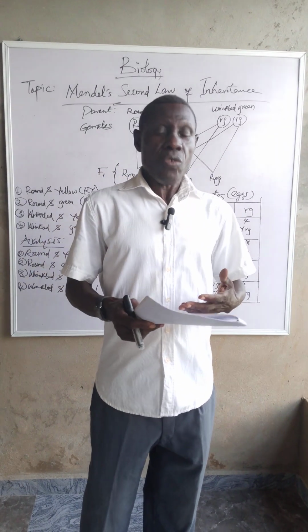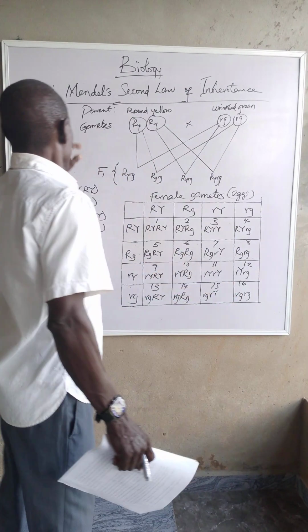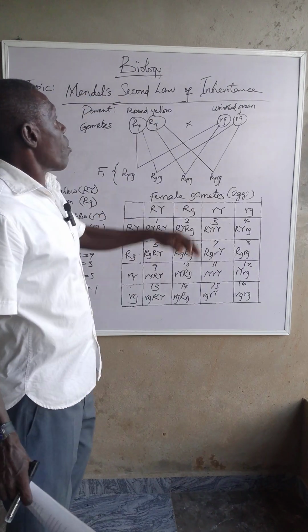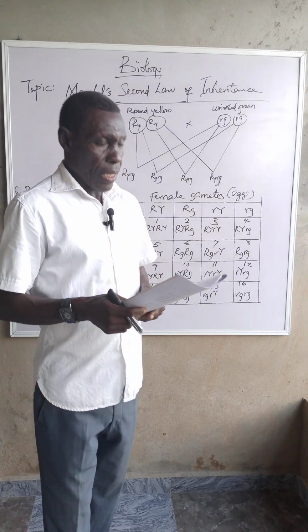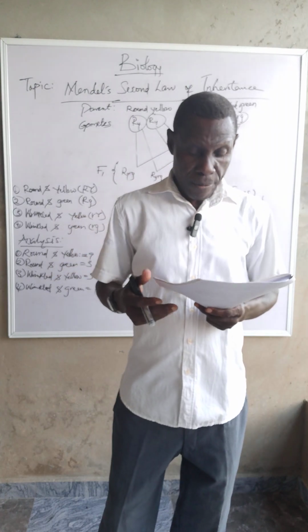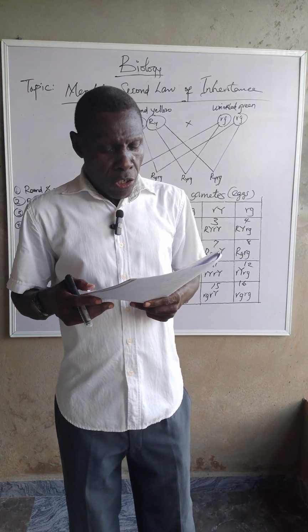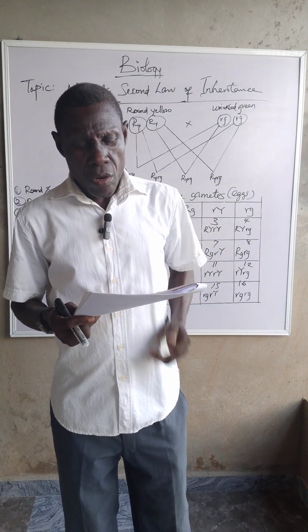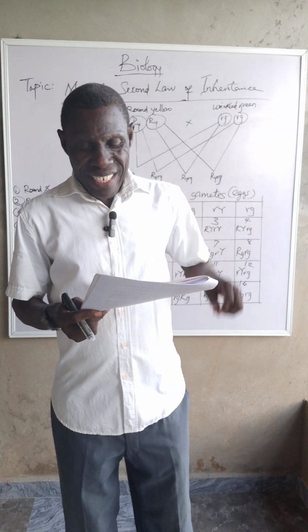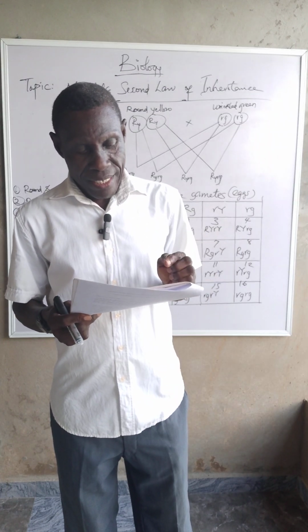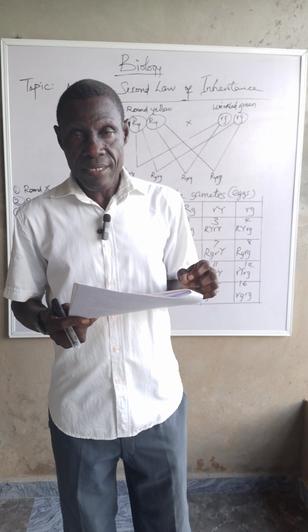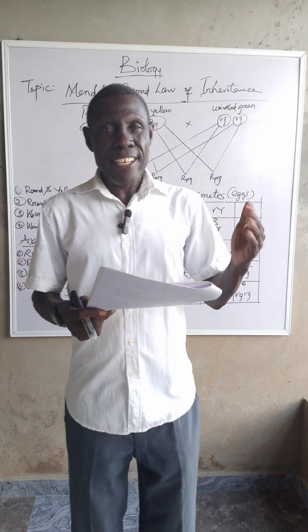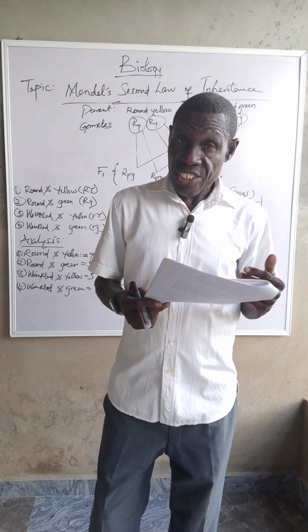So let us see what it's all about. Mendel's second law of inheritance. So listen carefully. The second law is also called the law of independent assortment of genes.